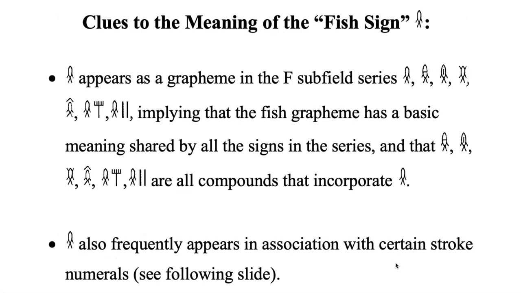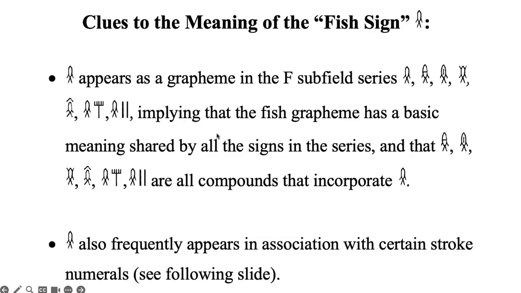So first of all, let's look at the fish sign. Let's back up a little bit and assemble some clues about the meaning of the fish sign. So first of all, the basic fish grapheme, which we're showing here, is one of the 7 signs in the fish sign series.